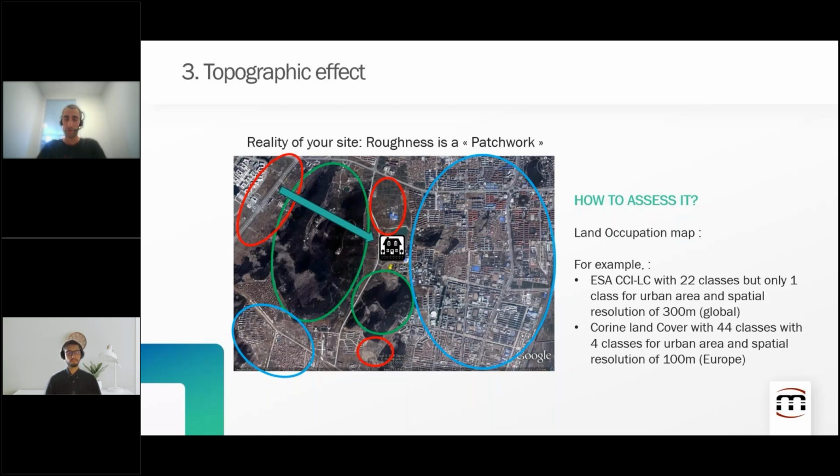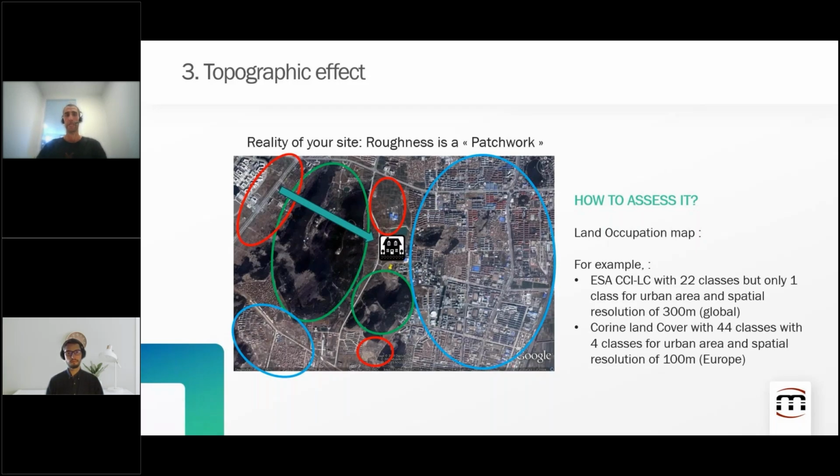You have a worldwide land occupation map called ESA CCI Land Cover, with 22 classes, but only one urban class, and a spatial resolution of 300 meters, which is quite interesting. You could have a look if you Google Global Wind Atlas. It's a wind atlas over the world. It also provides the roughness length over the world using this ESA land occupation. So this could be a starting point.